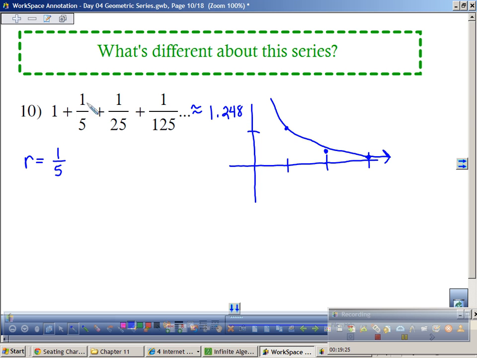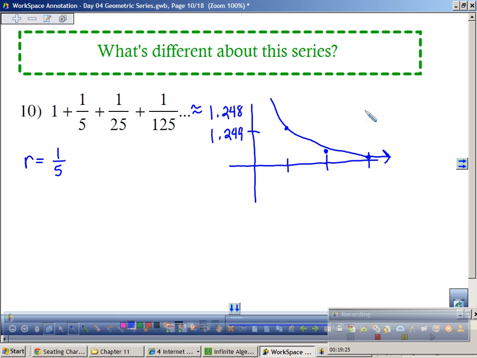I bet you if we added another 1/5 to that, what would that be? 1/125 times 1/5 is 1/625. So if you added 1/625 to this, what would you get? 1.2496. Do you see how we're adding just a little tiny fraction, right?